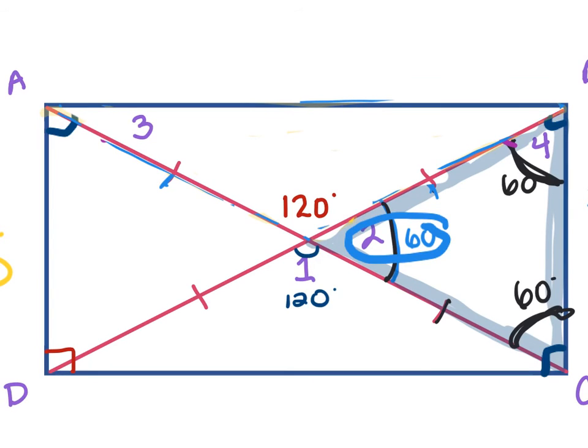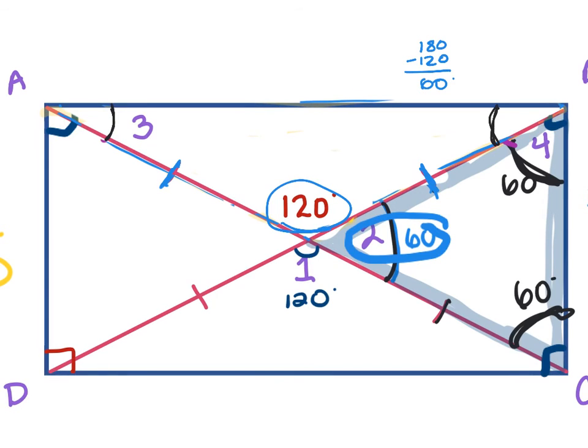In a rectangle, diagonals are congruent and cut in half, which means this is always going to equal this, which means in a rectangle the four small triangles are all isosceles. In an isosceles triangle, the two angles opposite the congruent sides are congruent. So if I take 180 minus 120, I have 60 degrees left over divided between these two angles.